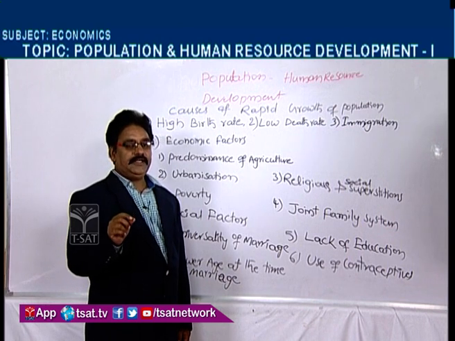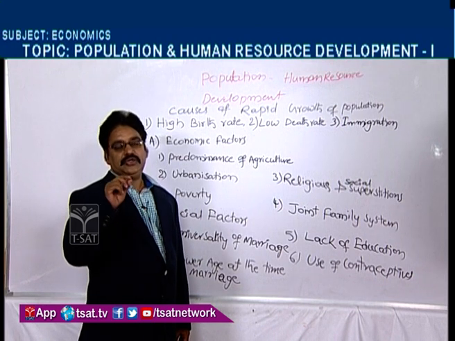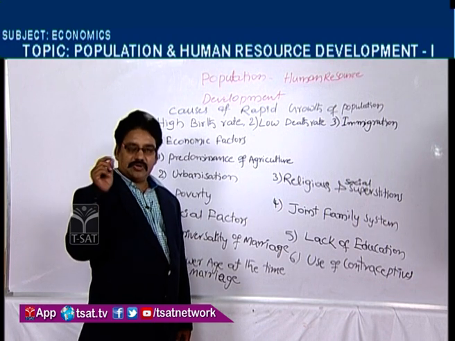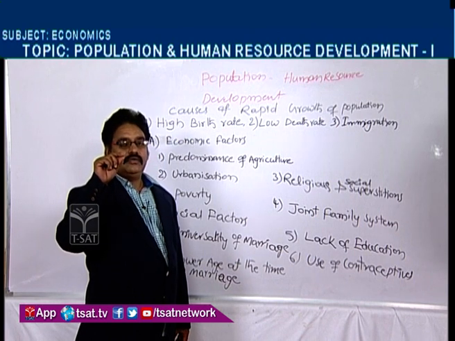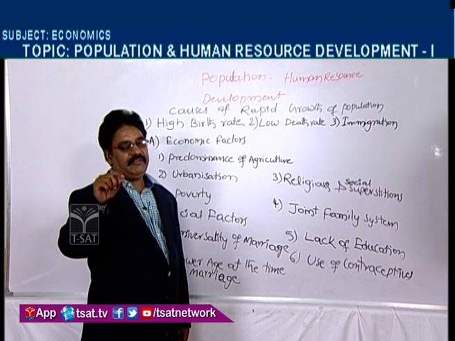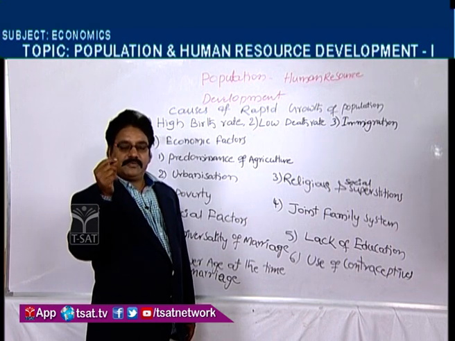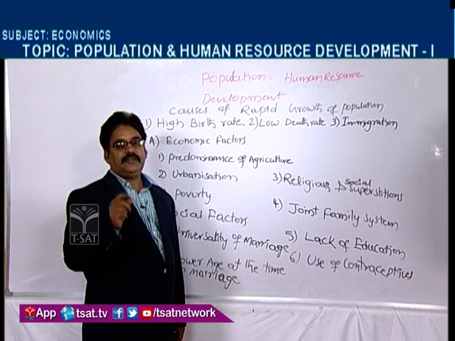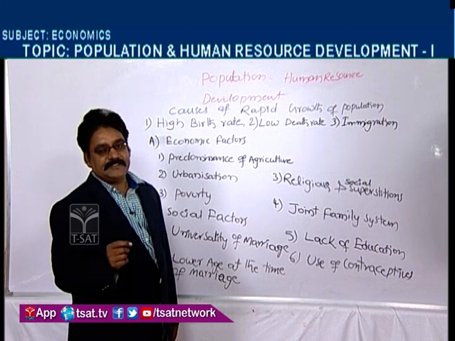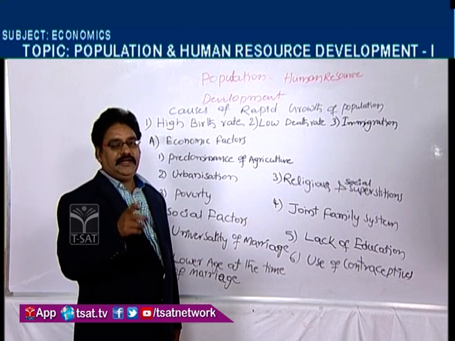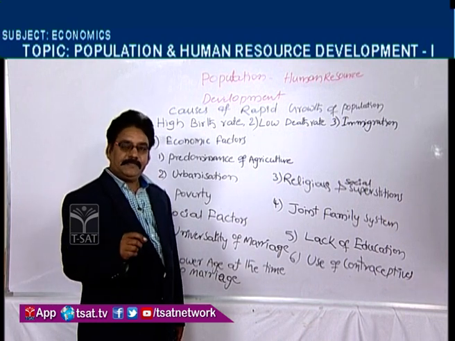Instead of increasing, it declined from 25.2 crores in 1911, by 2 lakh people in 1921. That means for the first time in total Indian history, we observed the population decrease in a decade.